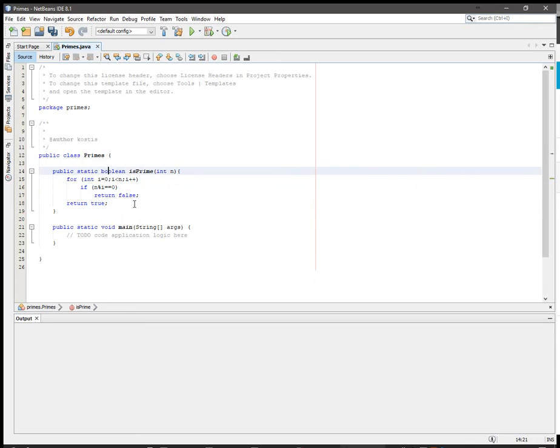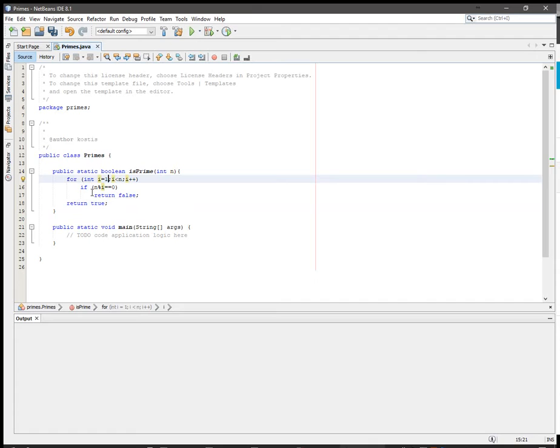Now, what is the range at which we want to search? Of course, we can't search from 0 because we won't divide by 0. That's not correct, and we are not going to return false if n is divisible by n. It's obvious that it does. So should I begin with 1?